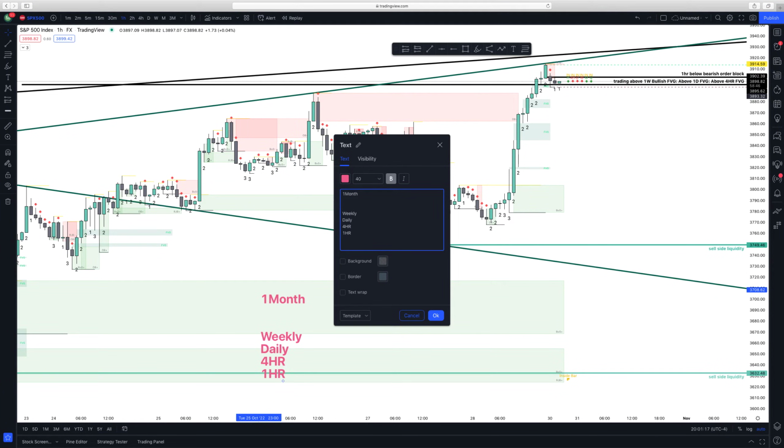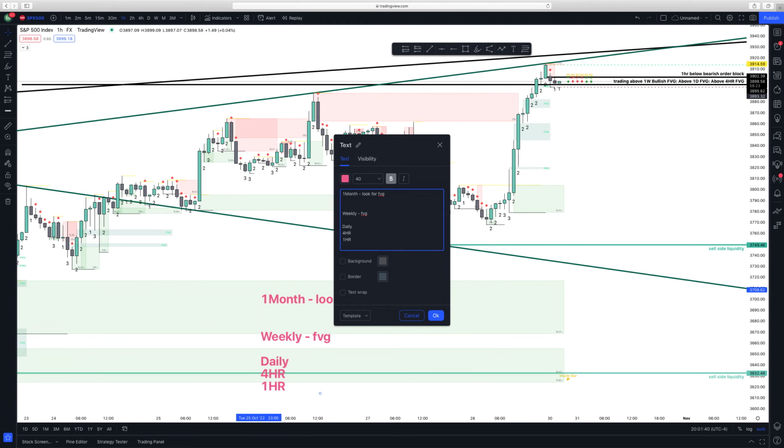So just say here on a 1 month chart, I look for fair value gaps. On the weekly chart, I also look for fair value gaps.